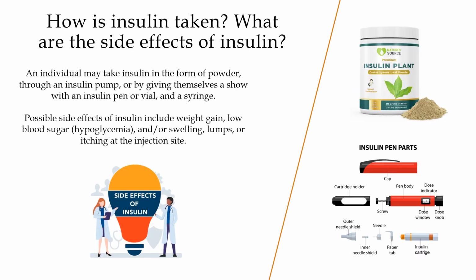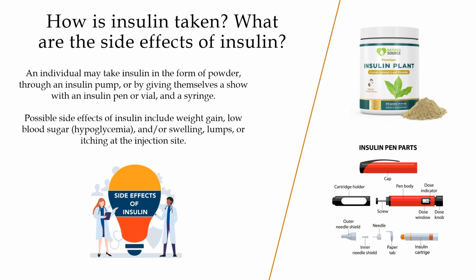The next question reads, how is insulin taken? And what are the side effects of insulin? I'm glad you asked. Well, insulin may be taken depending on the needs and the lifestyles of the person. A person may give themselves a shot with an insulin pen, or even a vial and a syringe.